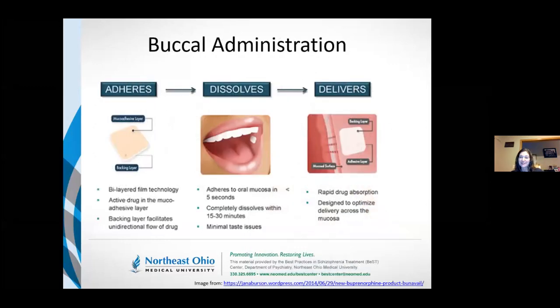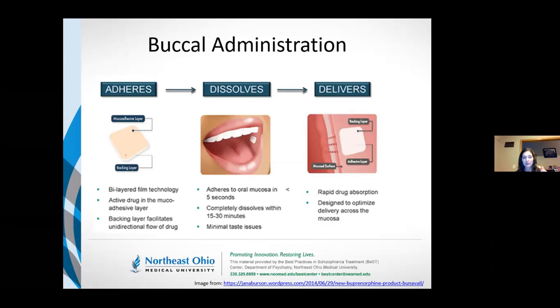For our buccal administration, so this is going to be just inside the cheek. One of the reasons that we have the buprenorphine in these transmucosal preparations as opposed to just having an oral tablet or a capsule is because buprenorphine doesn't have great bioavailability. So we need a different way to get it into the body.